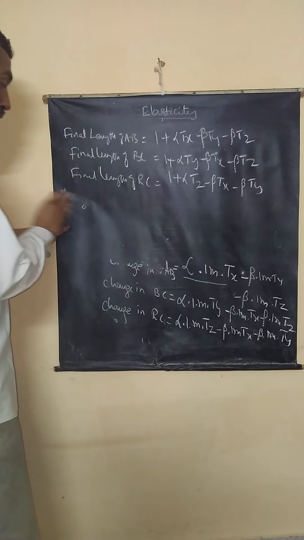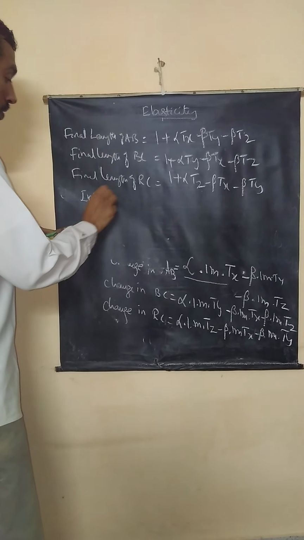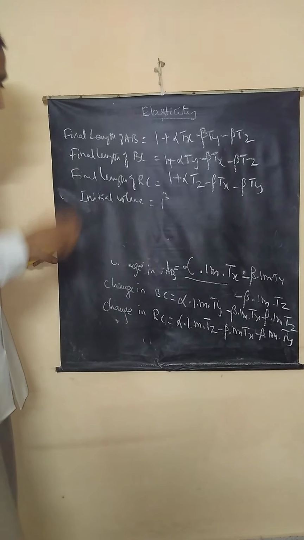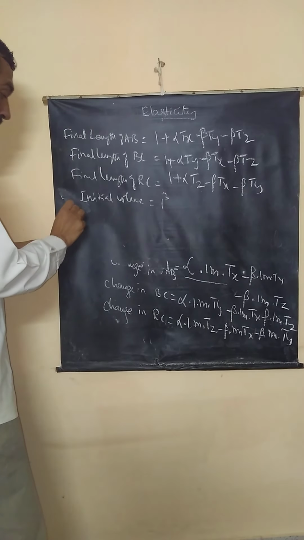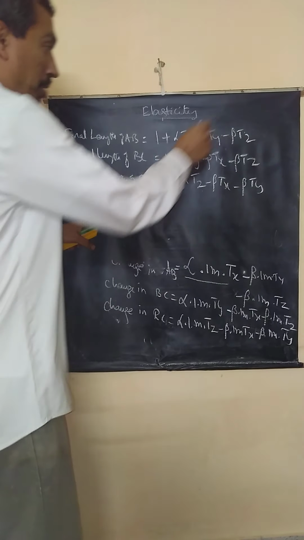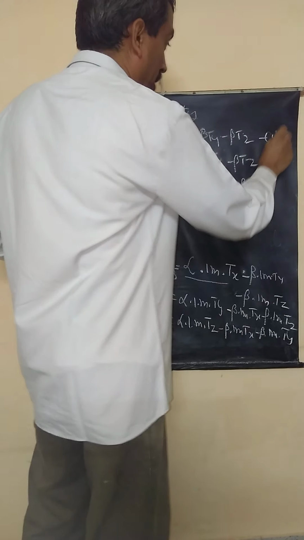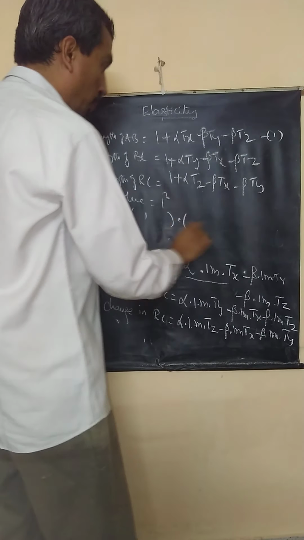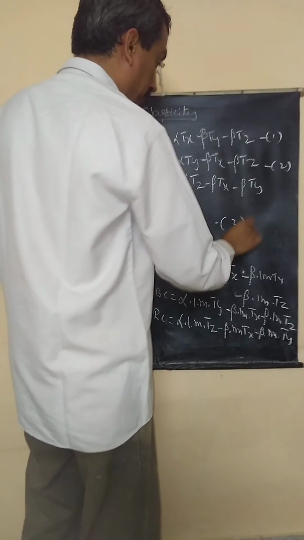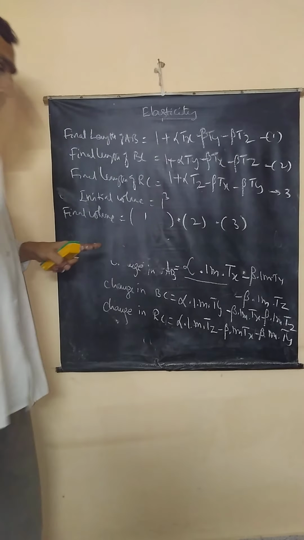Now, the change in volume. What is the initial volume? The initial volume is 1 cubic meter, correct? The side length is 1. The final volume is the multiplication of all these lengths, length into breadth into height.